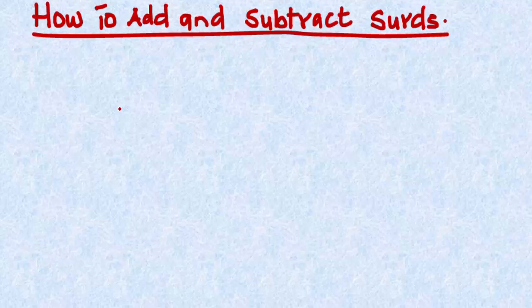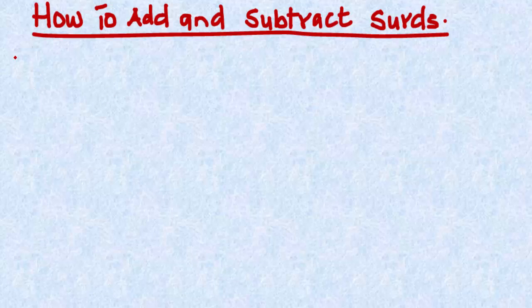So let's get started. The key idea in adding or subtracting surds is that we add or subtract like terms. For instance, surds are said to be like terms if the numbers in the square root are equal and in the basic form.